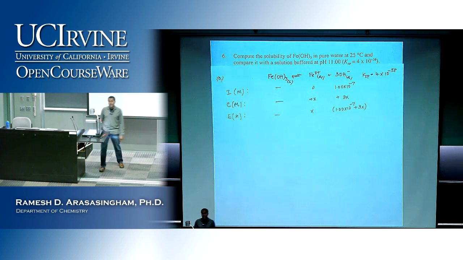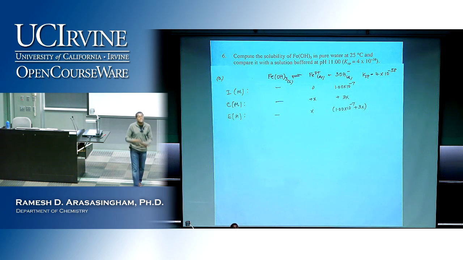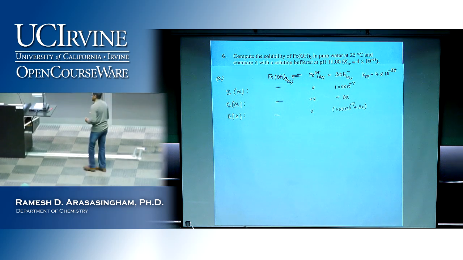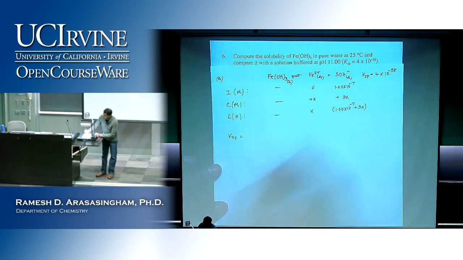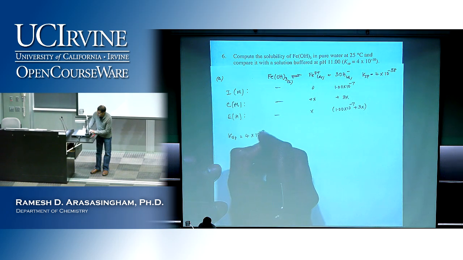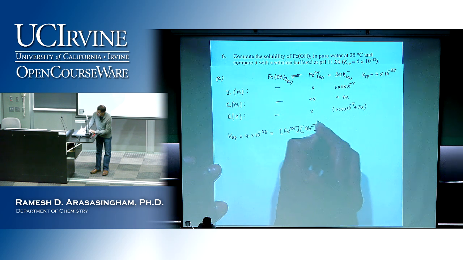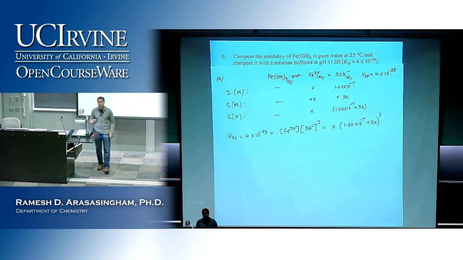All right? Now, in reality, in all of the examples that we took, we should write it like this, but because this 10 to the negative 7 is so small, we don't even consider it, because it doesn't make any difference to the overall calculation. But now here, we're going to say KSP equals 4 times 10 to the negative 38, which equals the concentration of iron 3 plus, times the concentration of hydroxide taken to the power 3, which is x times 1 times 10 to the negative 7 plus 3x, this whole thing taken to the power 3.